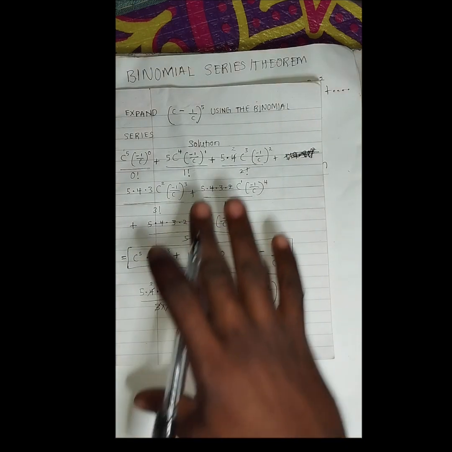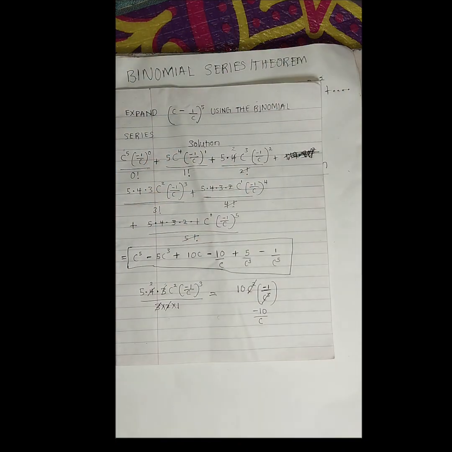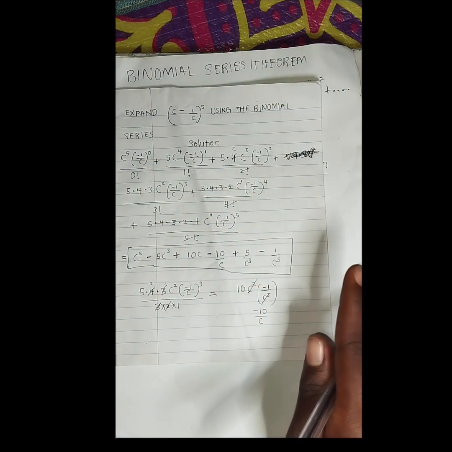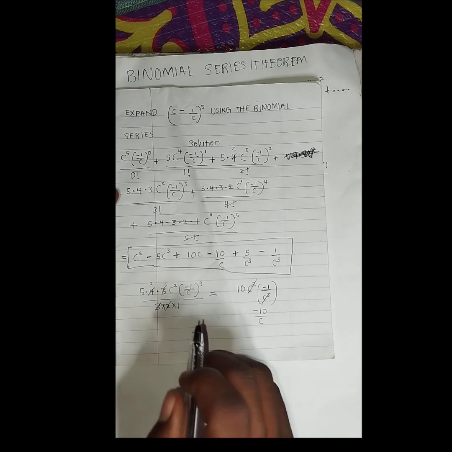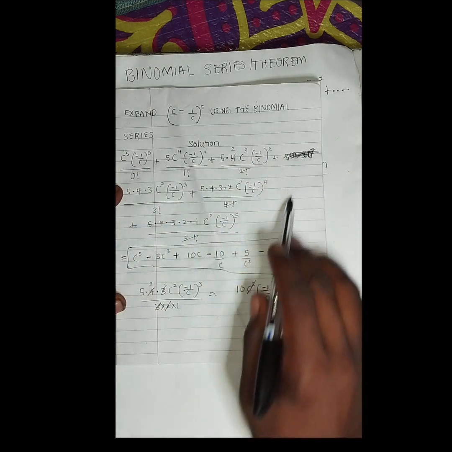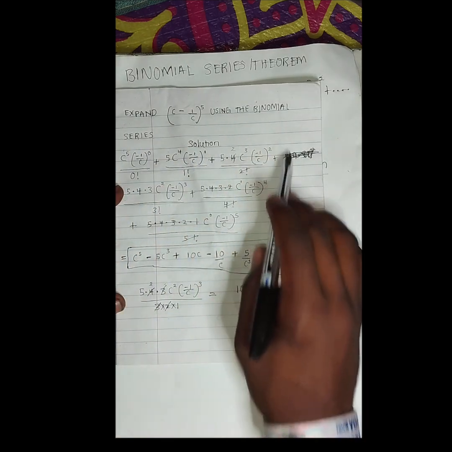Fourth term. Yes. But now, I want to show you something special. Special in what way? You don't need to carry out the full expansion of your binomial before you can get a particular term.